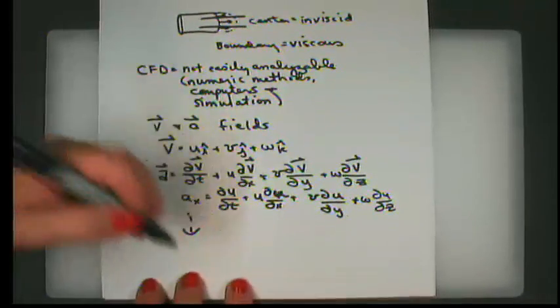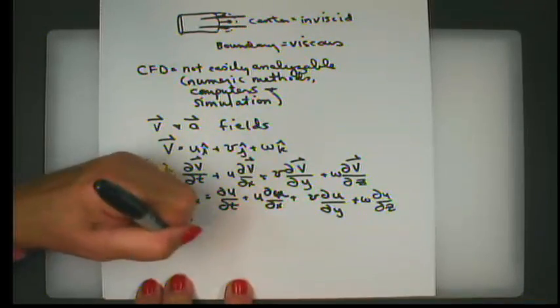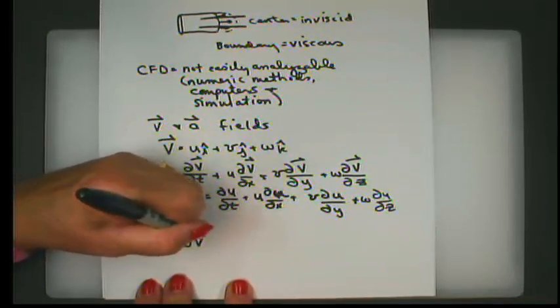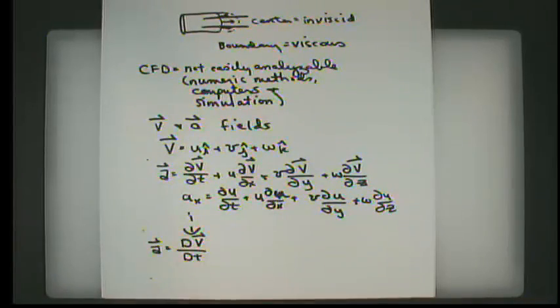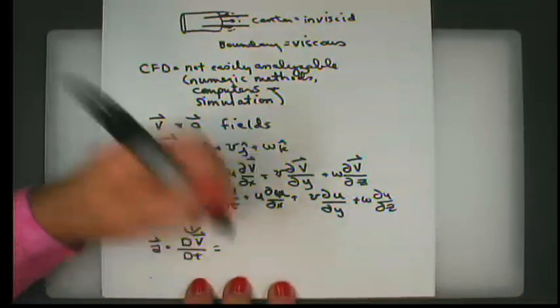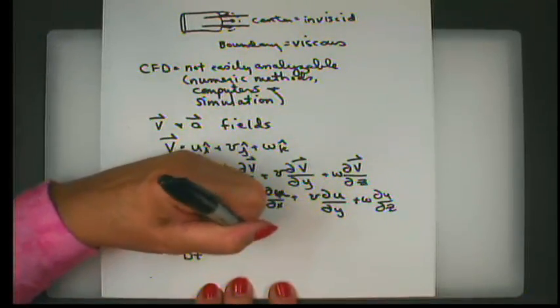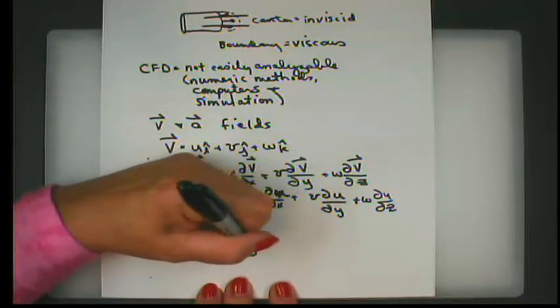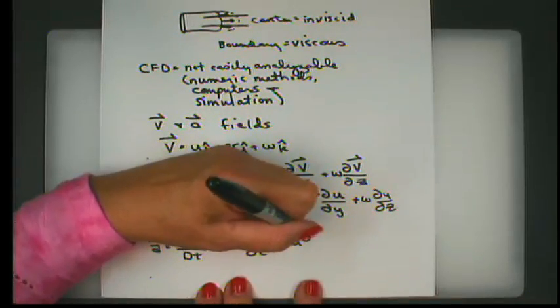So to express acceleration in a concise manner, we can say that it is the material derivative of velocity with respect to time. Or we can also say that if we use this idea of material derivative, it's the partial of the function with respect to time plus the convective terms once again.